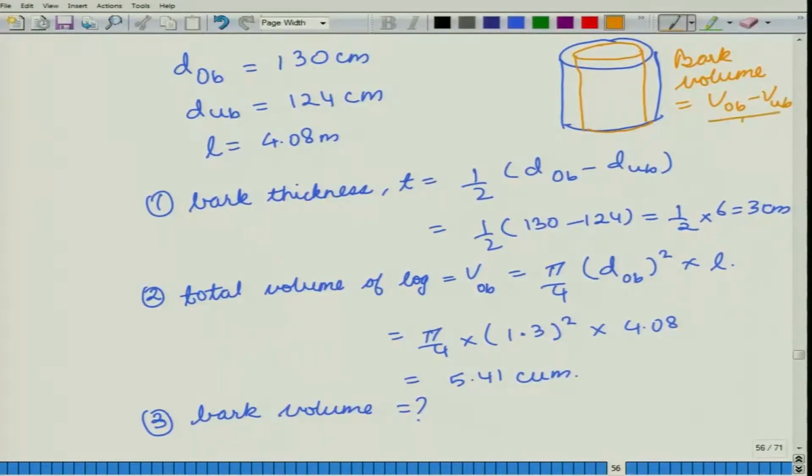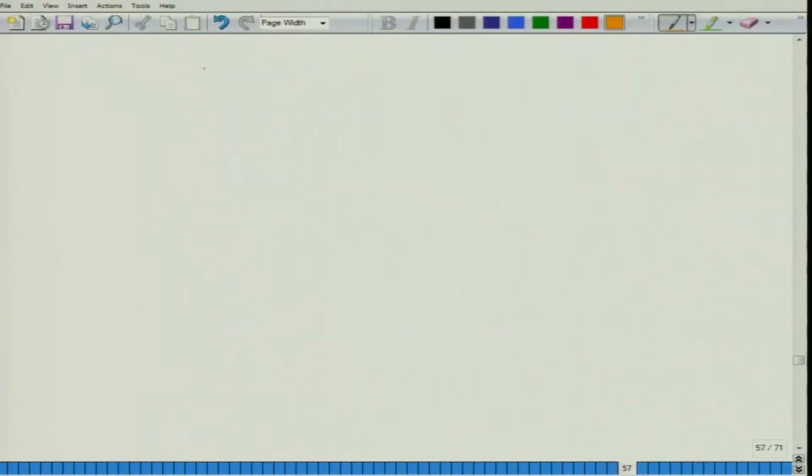So, in both these cases we would be using the same height of the log, or the length of the log, but we would be using diameter over bark in the case of VOB and diameter under bark in the case of VUB. So, let us now calculate the volume under bark.